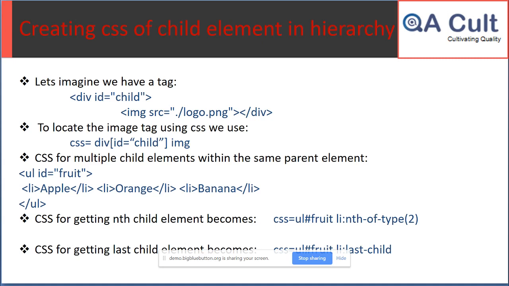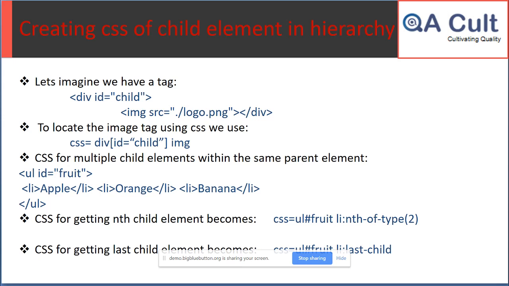So I have taken a tag div, and within that tag there is an image tag img. So we can reach the image tag with the help of a space. So we have navigated one step below the div tag with the help of a space, and we have gone to the image tag. Don't worry, I will show you with the practical example.